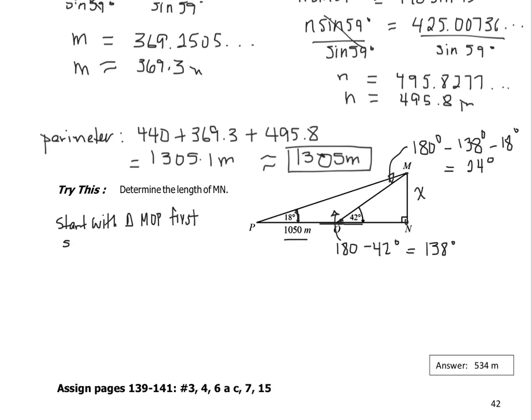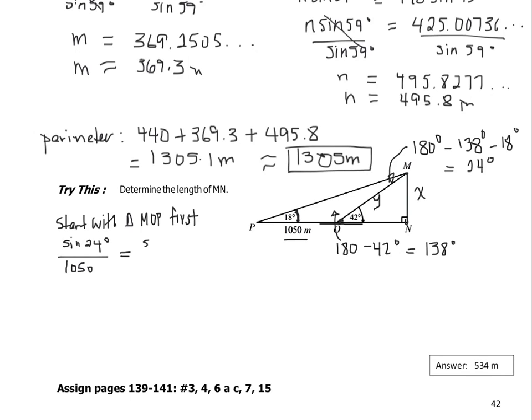We can use sine. I would use the 24 degree angle because I know the side across from that is 1,050. And then I would match it up with the 18 degree angle, and I'm going to put a y right here. Sine of 18 over y would give you that side that is also a side in the right triangle that we're trying to get to.